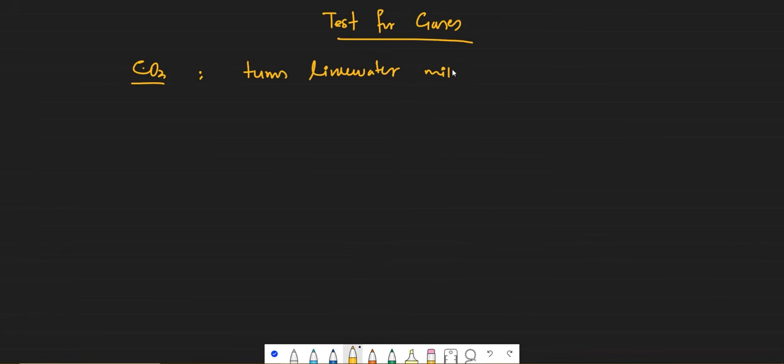What does that mean? When you pass it through calcium hydroxide, calcium carbonate is formed, which is a white precipitate. So when we say it turns lime water milky, milky means that the precipitate of calcium carbonate is formed when carbon dioxide reacts with lime water. So that's why it looks like the lime water has turned milky.